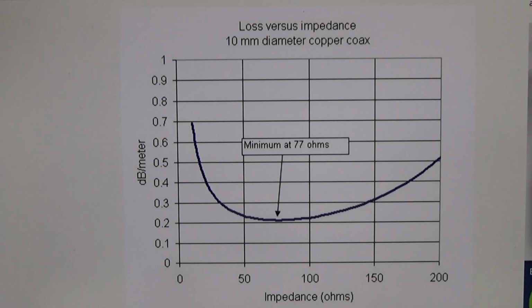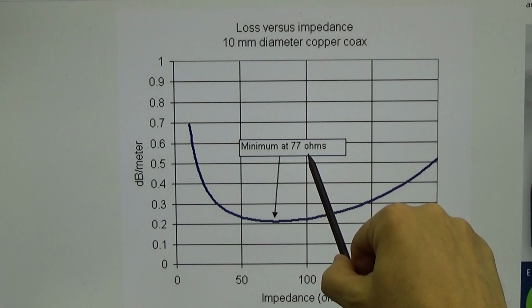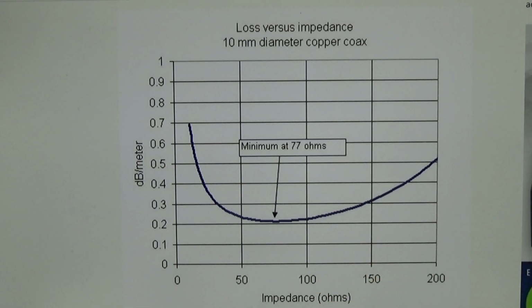And as we already talked about coax cable, let me share some additional information about coax cable. The graph we are looking at here is telling us the loss versus impedance, and research has found that with an impedance of 77 ohms we have the lowest loss if we compare the different impedances.